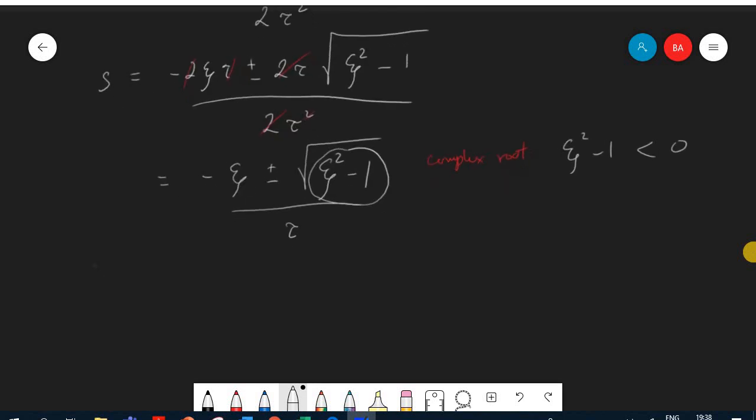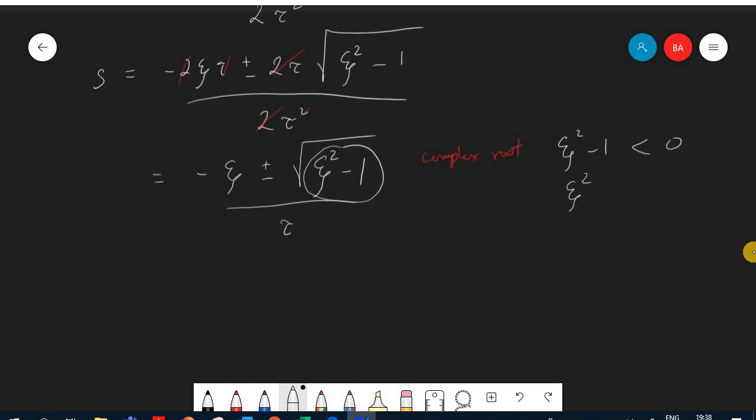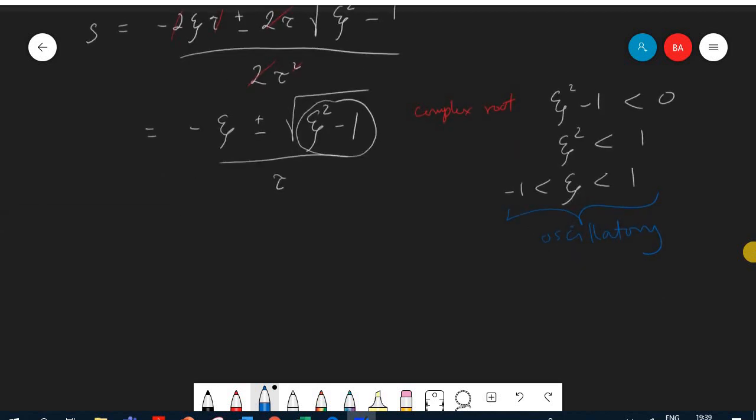That means xi is between minus 1 and 1. So we will get a complex root if it is from minus 1 to 1. A complex root also means that it is oscillatory. So if xi is between minus 1 and 1, it will be oscillatory. That is our first conclusion.